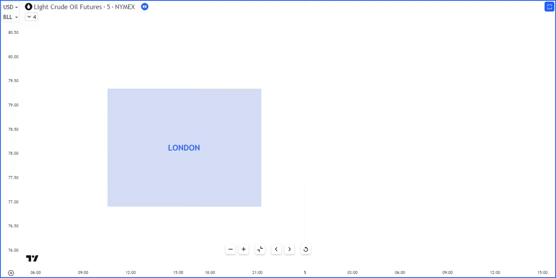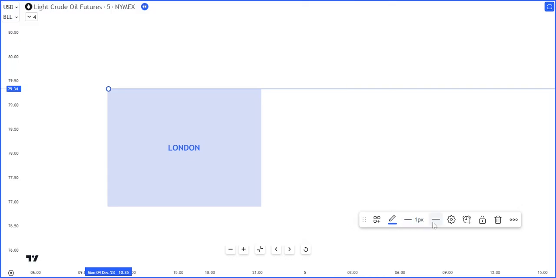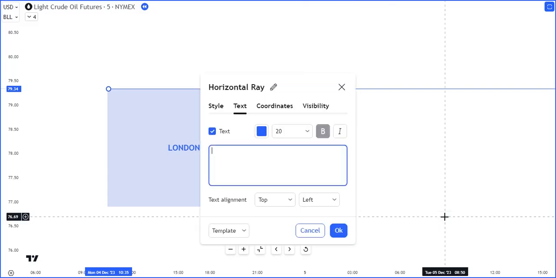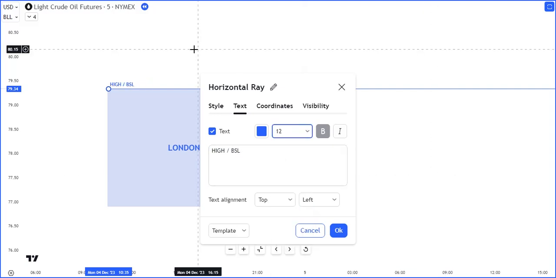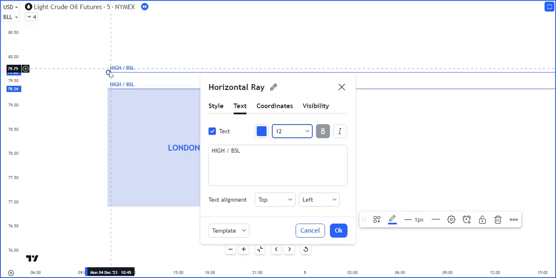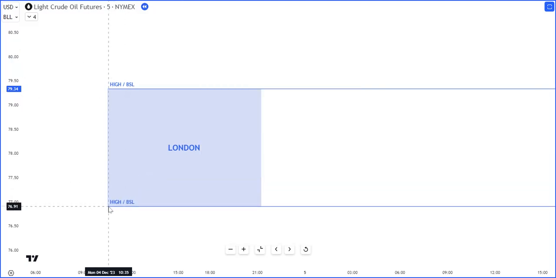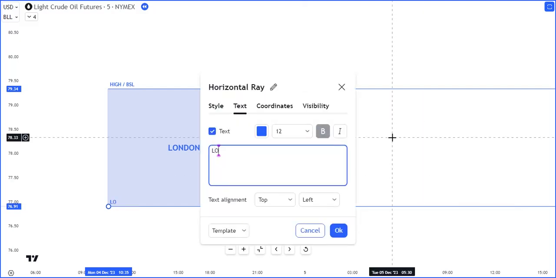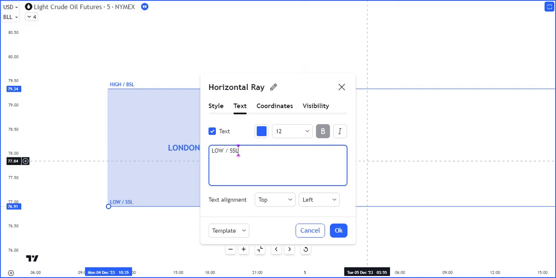And what we have is buy side above, so we'll just say high, buy side. Then we can copy this below and say this is the low, sell side liquidity.